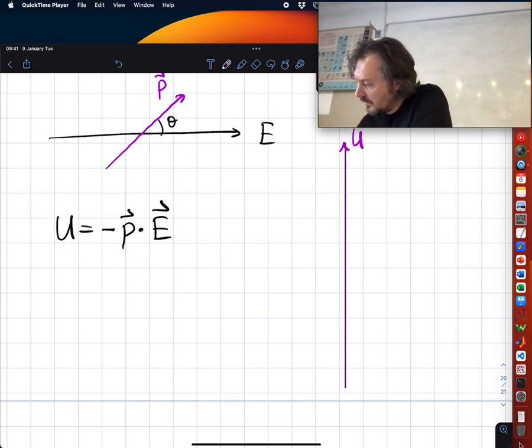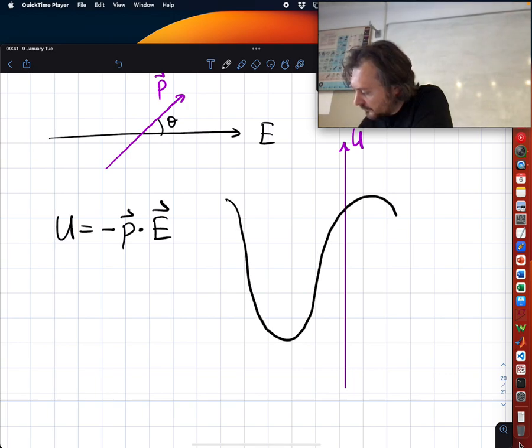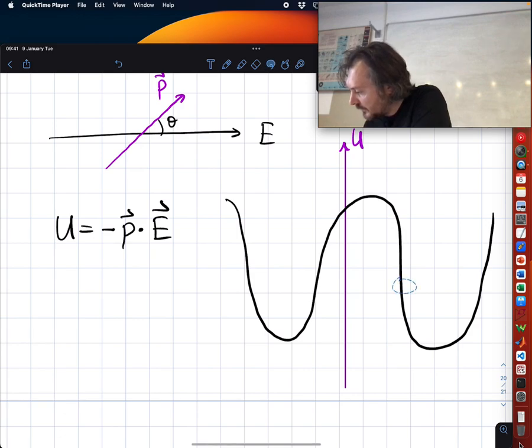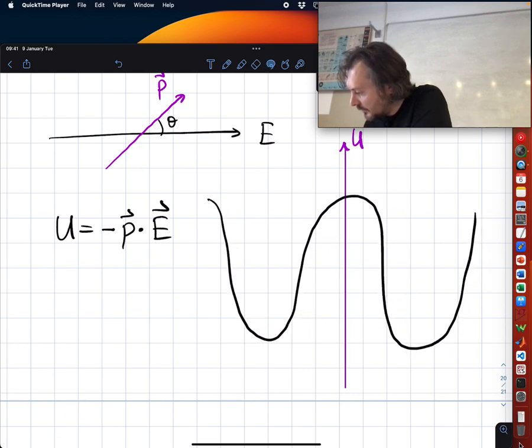And this is its values. Let me just shift it over here.